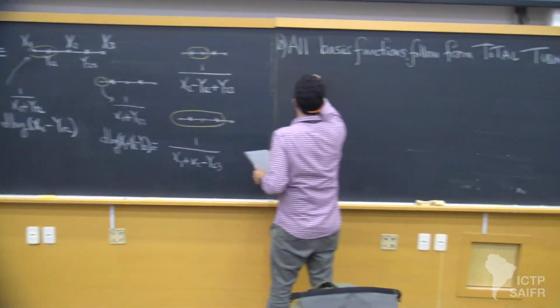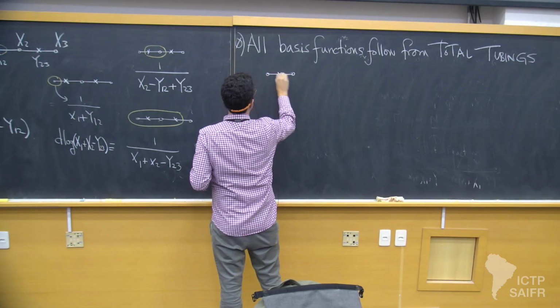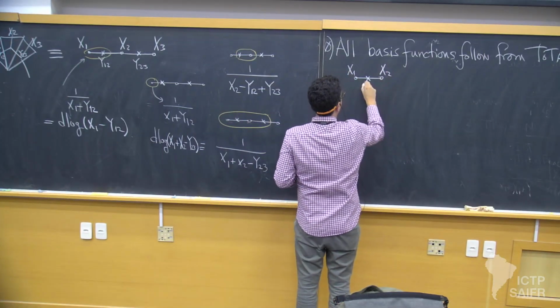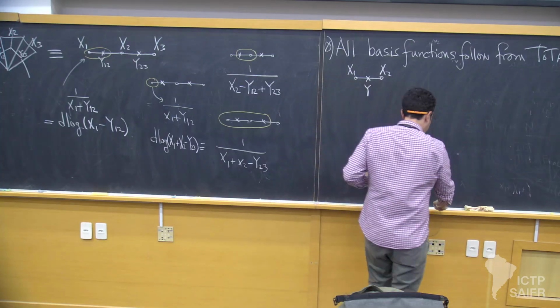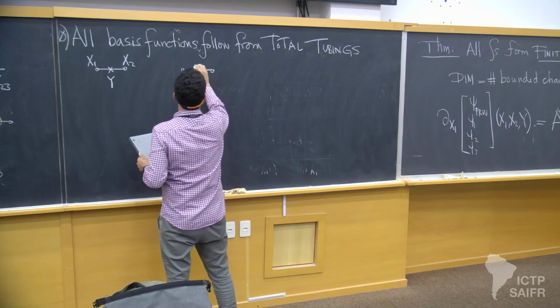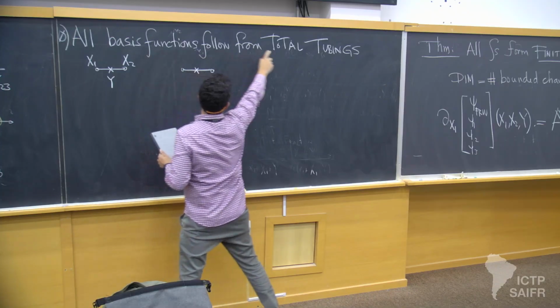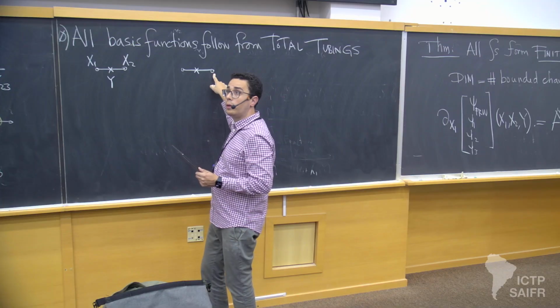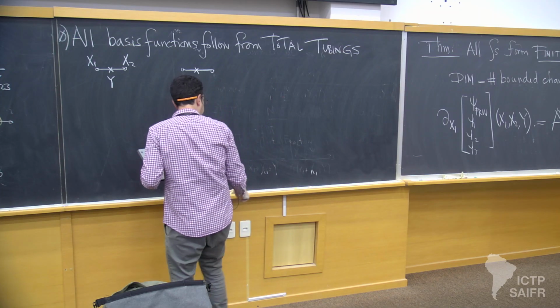In the simplest example, which is single exchange, there's only a diagram like this. There's x1, x2, and y. So let's build the 4 functions. I need total tubing, meaning I need every ball to be encircled by a tube, and the tubes must not overlap.